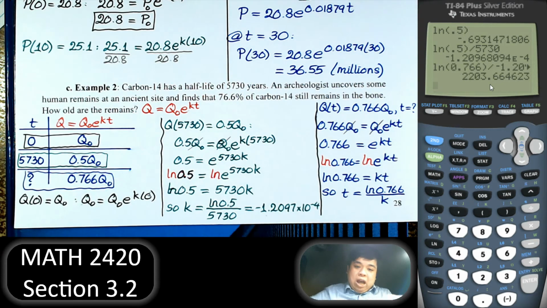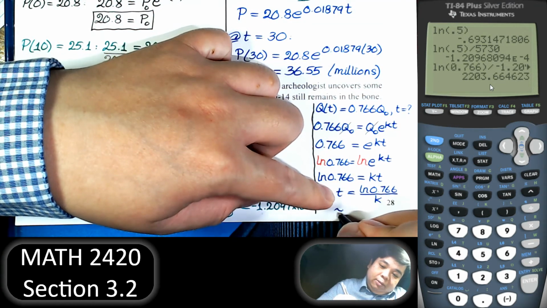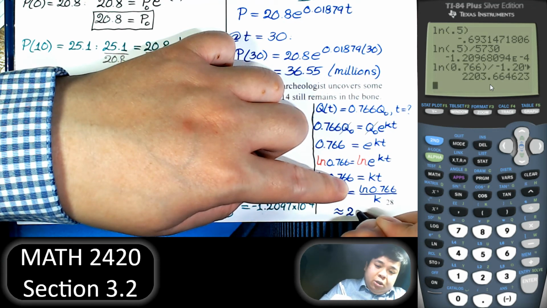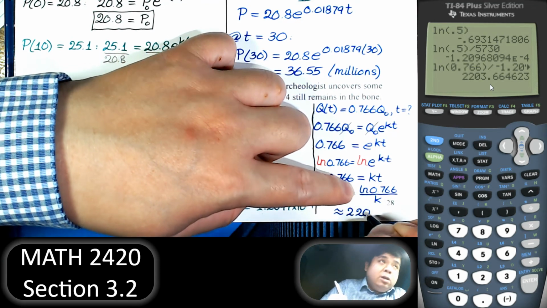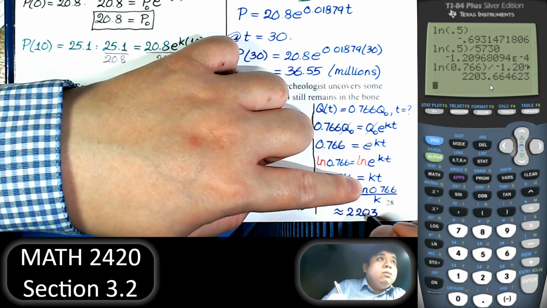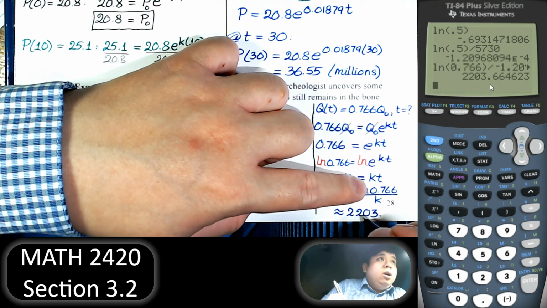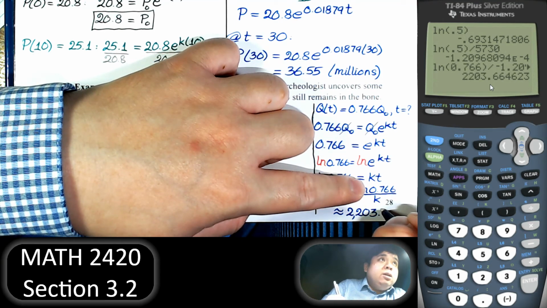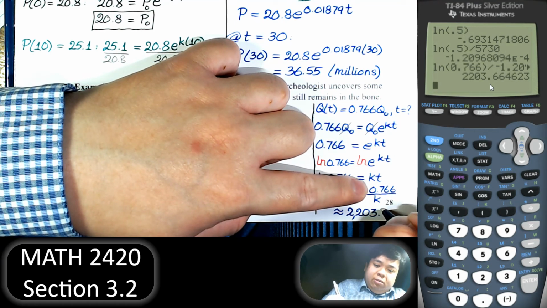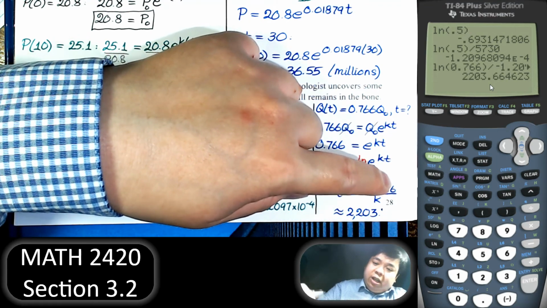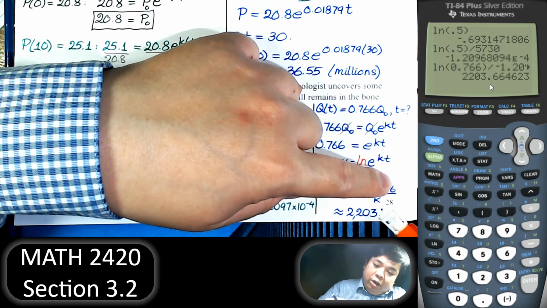And we have 2203.767, but like I said, usually we round it up and that's good enough, so we just say 2203 years.